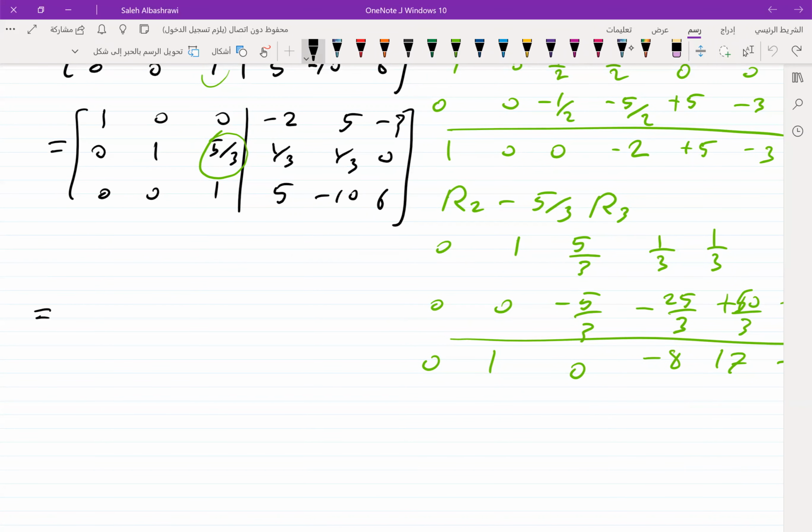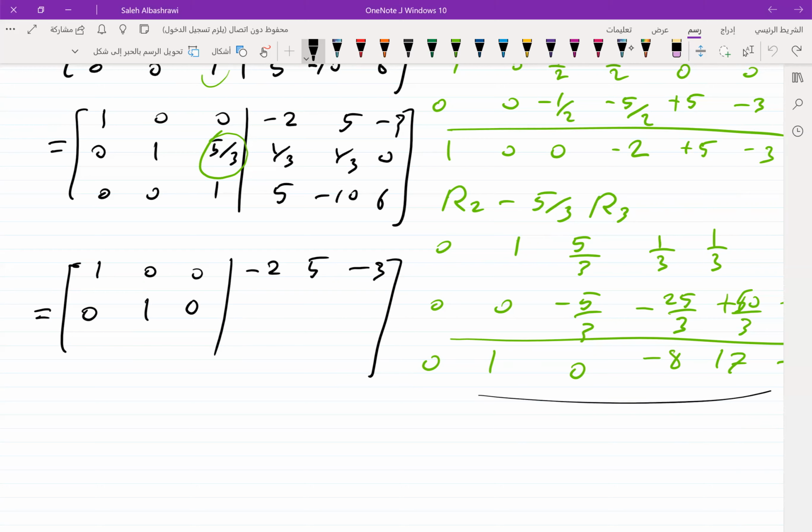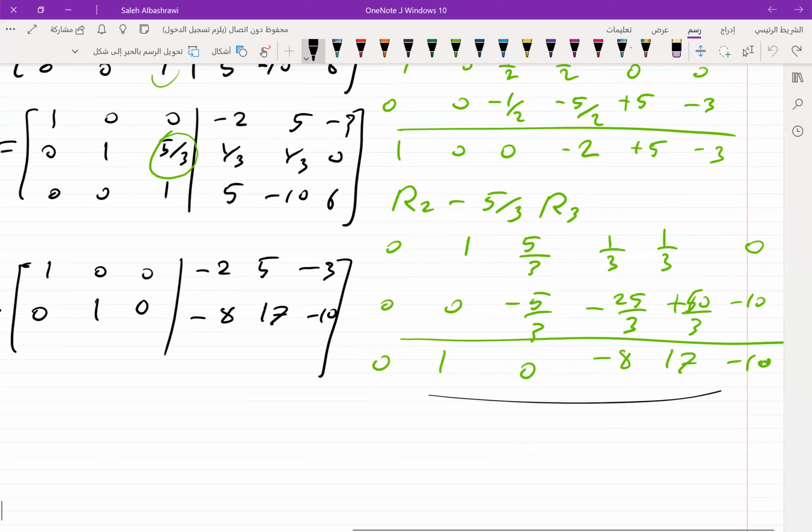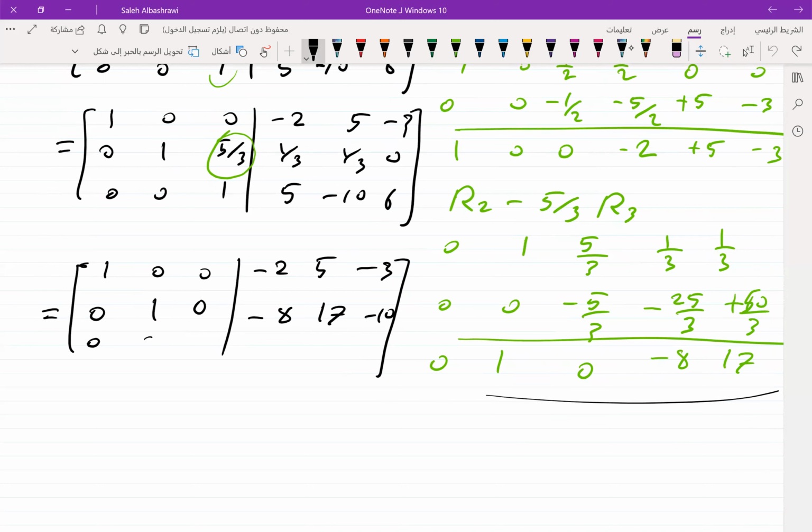So the matrix will be now 1, 0, 0, minus 2, 5, minus 3, 0, 1, 0, and we'll have minus 8, 17, minus 10, and third row is 0, 0, 1, 5, minus 10, and 6, which is in the form I, and there is another matrix, which is the inverse.